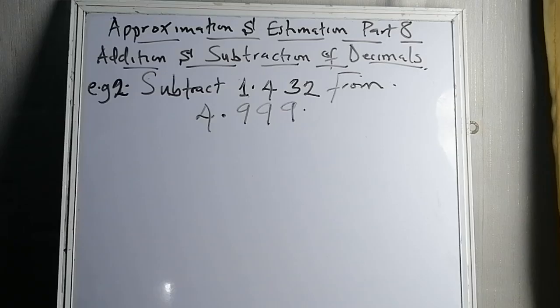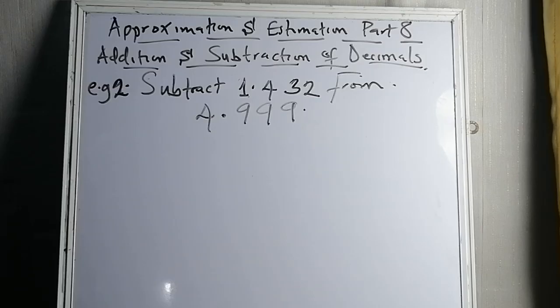Don't forget, when you're adding or subtracting, the point must be on top of each other. Always consider the point. The point must be on top of each other so that you won't misplace the arrangement. Of course, it will be in column, meaning it will be on a straight line.